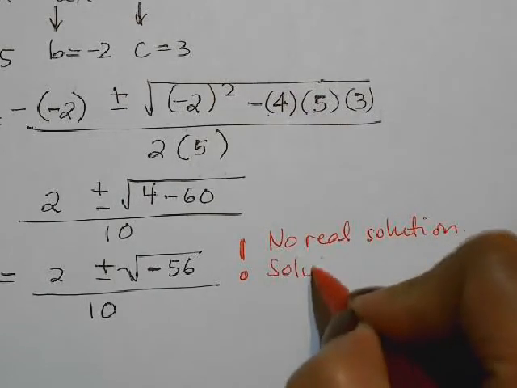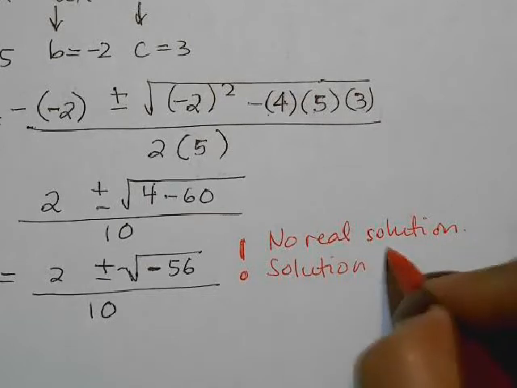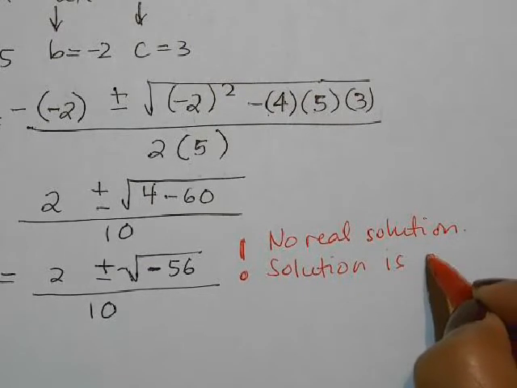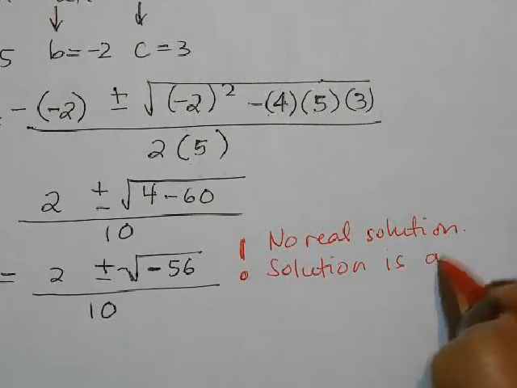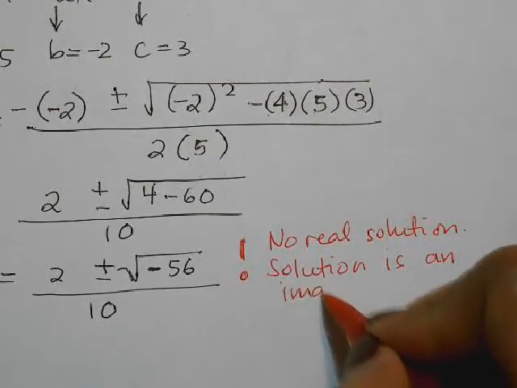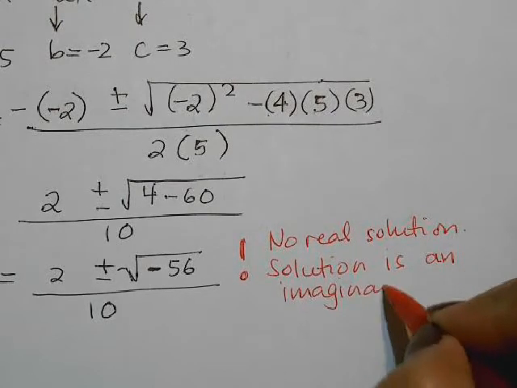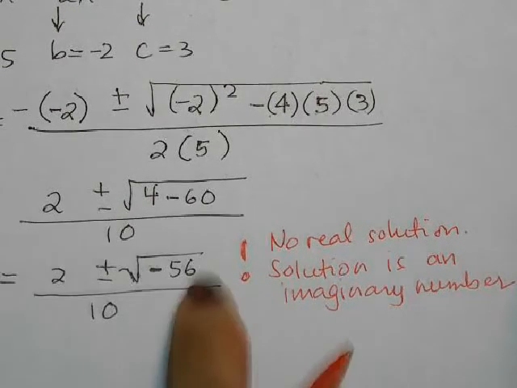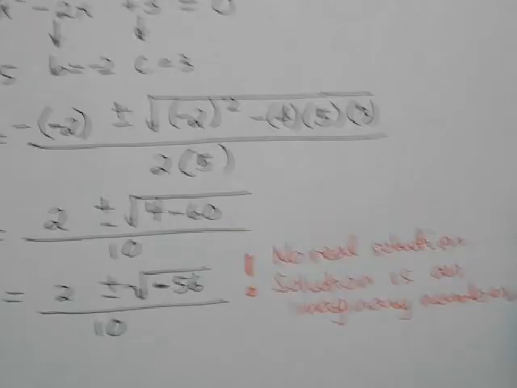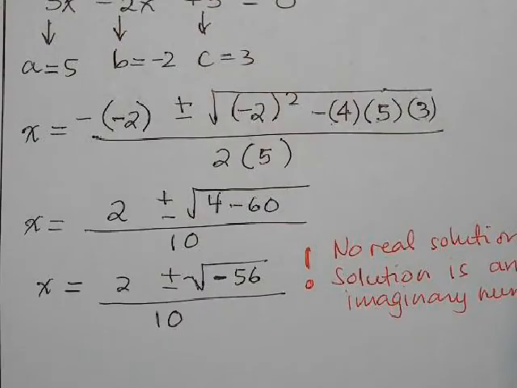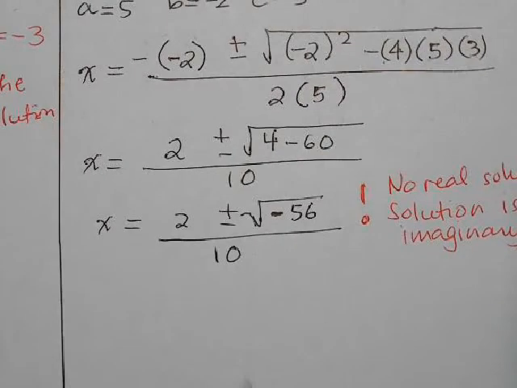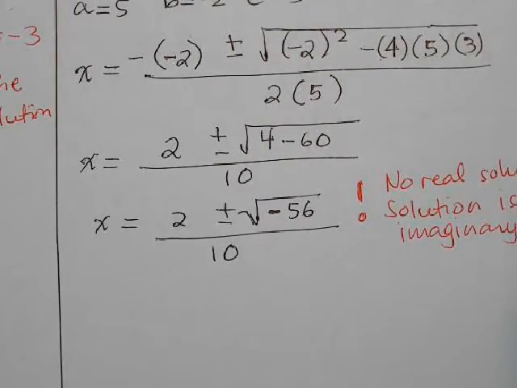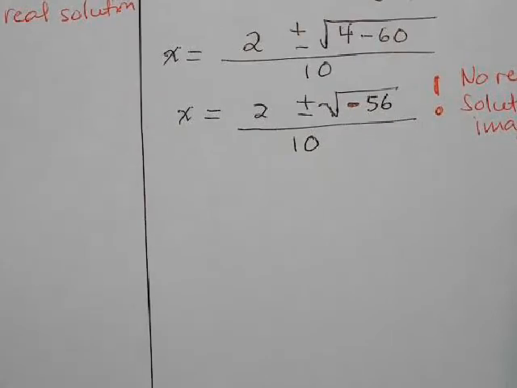Solution is an imaginary number. Okay, so our next lesson here will be imaginary numbers. So we're going to go back here because you still have to simplify that. But let's have an idea of imaginary numbers first.